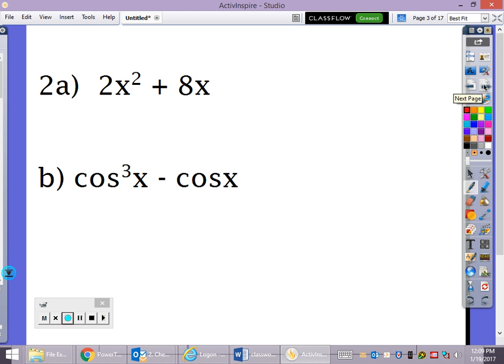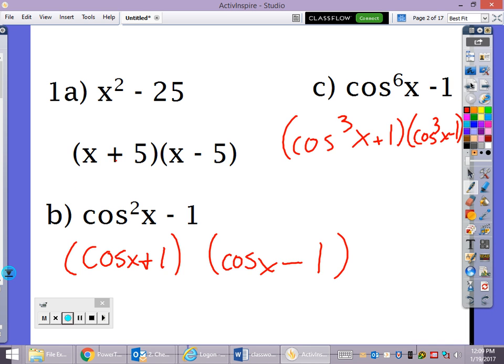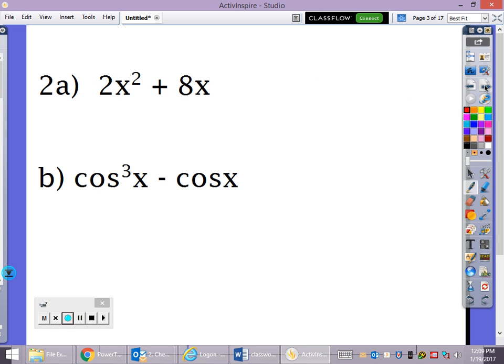Okay, let me pause for a second. Okay, so now let's look at the second problem I gave you. And we were told that they had a GCF of 2x, and then it became x plus 4.